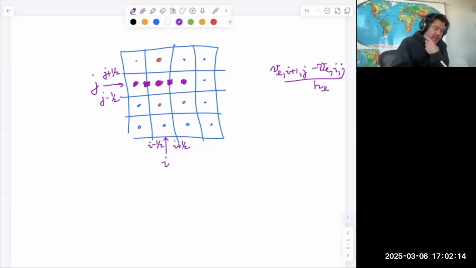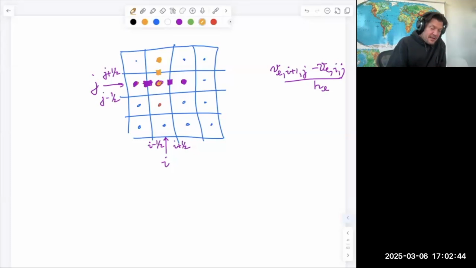Right, so again, for this difference, we're taking the difference of these 2 points and deciding that its value is going to end up on that grid point there, which is called an edge point. Let's do the same thing, but use a different color in the y direction. I'm going to take this point minus the value at that point, and I'm going to define its value at this point, which is called an edge point.